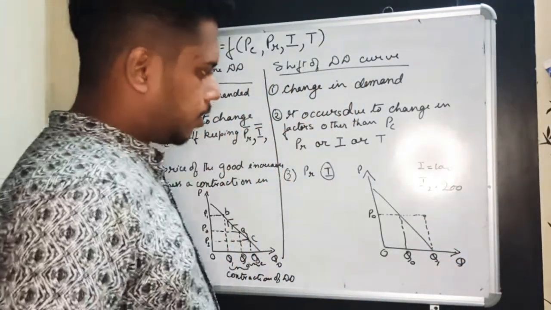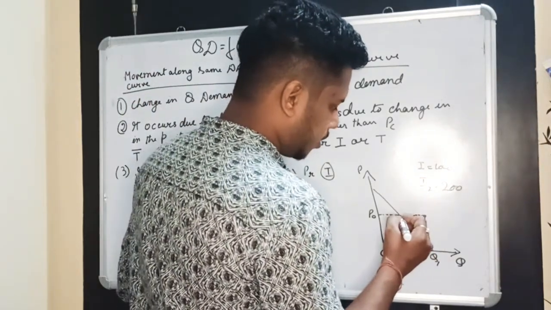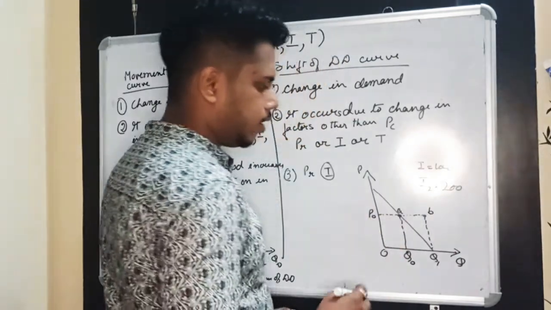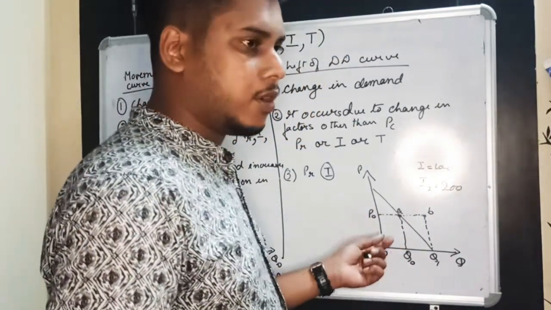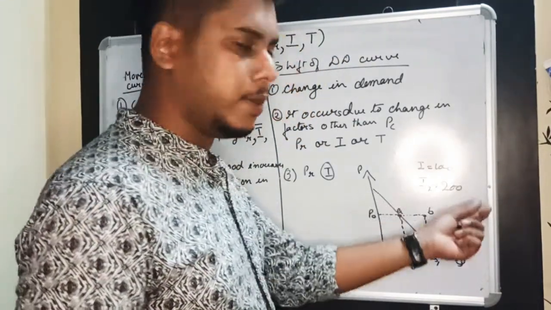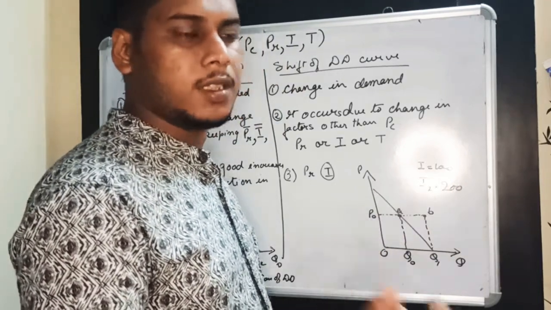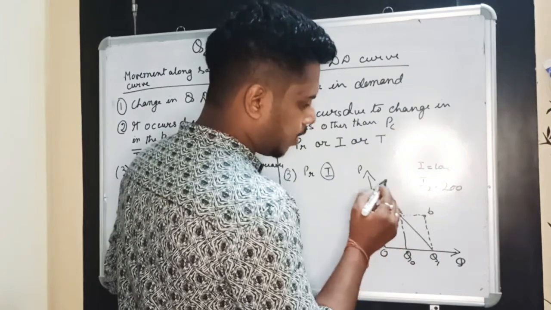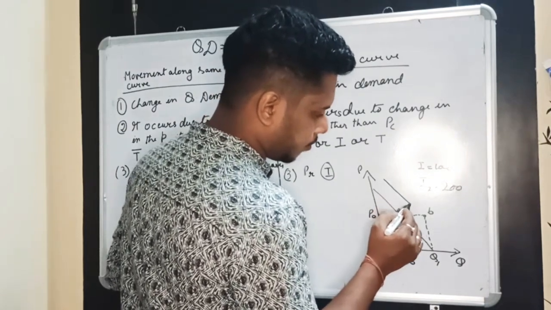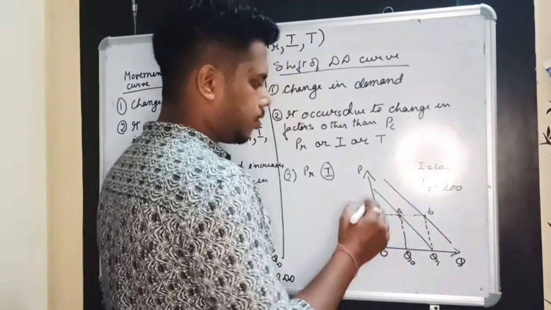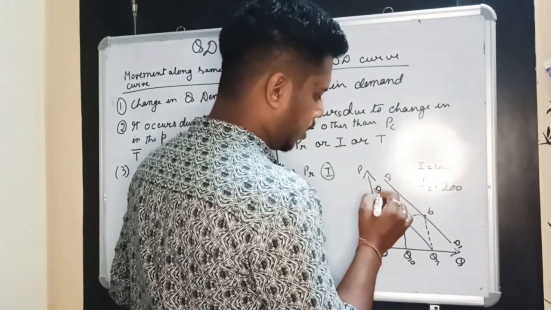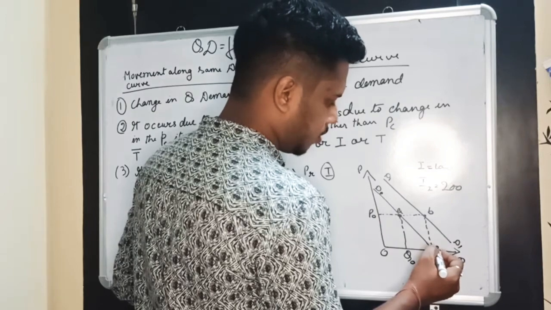Okay, so this point, we were at point A and now we have moved to point B, and the movement from point A to point B is due to increase in the income level of the consumer. So the point B lies on a separate demand curve, say D1 D1, and we will denote the previous demand curve as D0 D0.